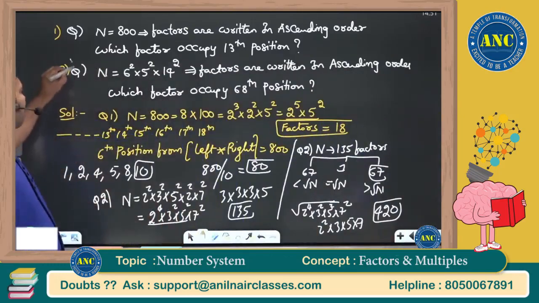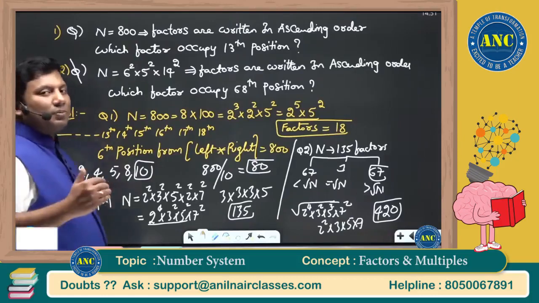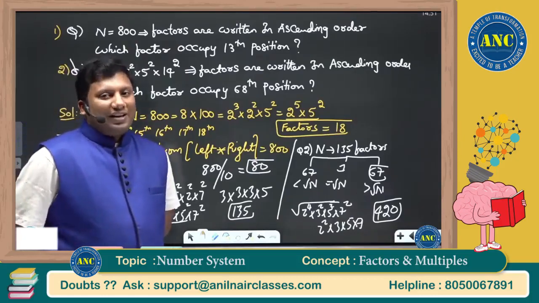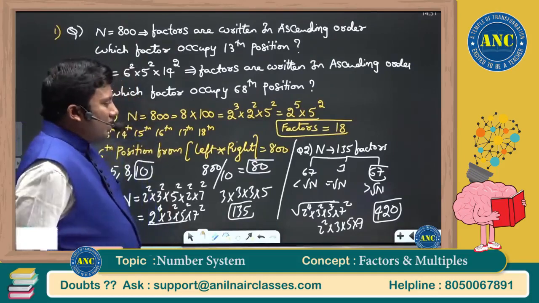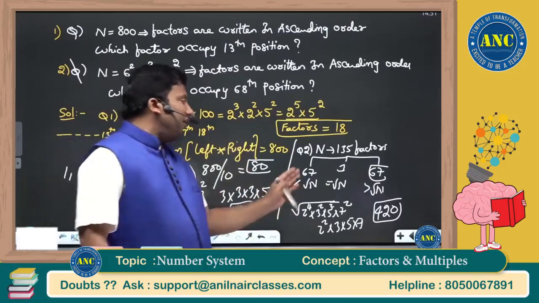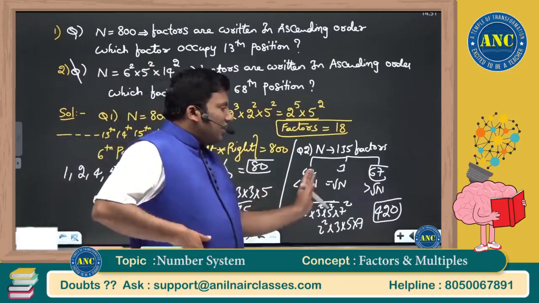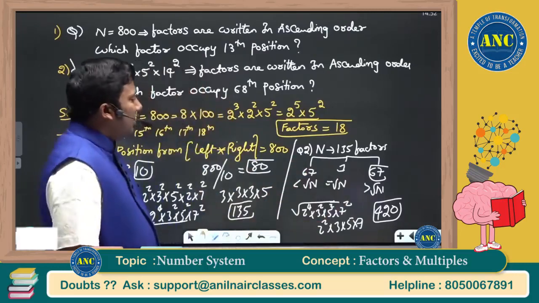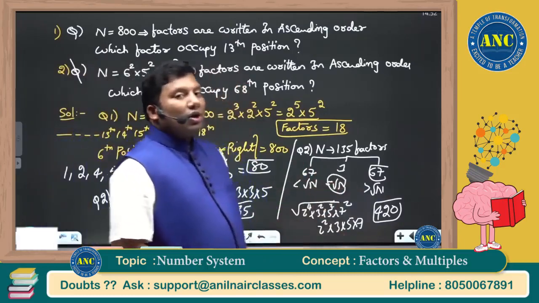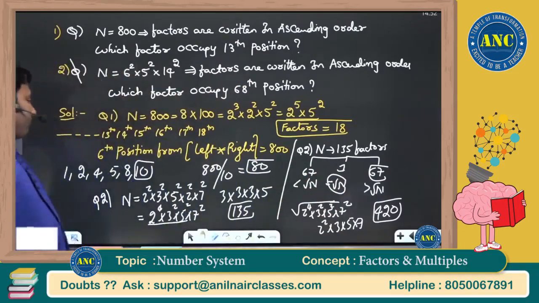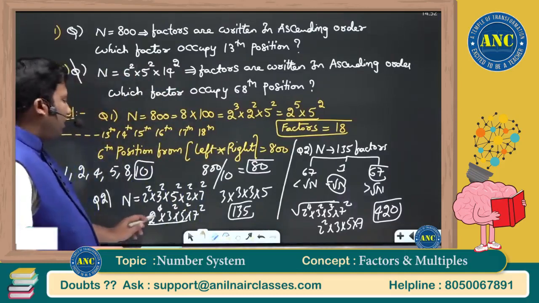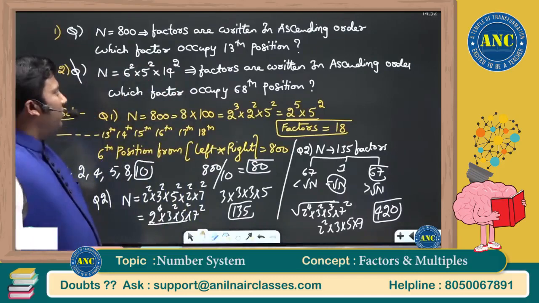Second is a beautiful question, sir, which uses the concept that every perfect square has an odd number of factors. One factor will be root n, the remaining 134 equally divided, 67 on the left side, 67 on the right side. So the factor which occupies the 68th position will be root n, which is 2 square into 3 into 5 into 7.